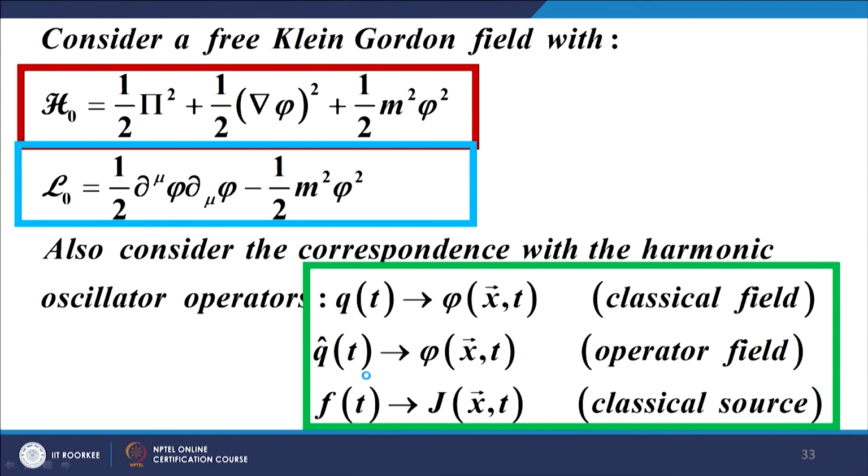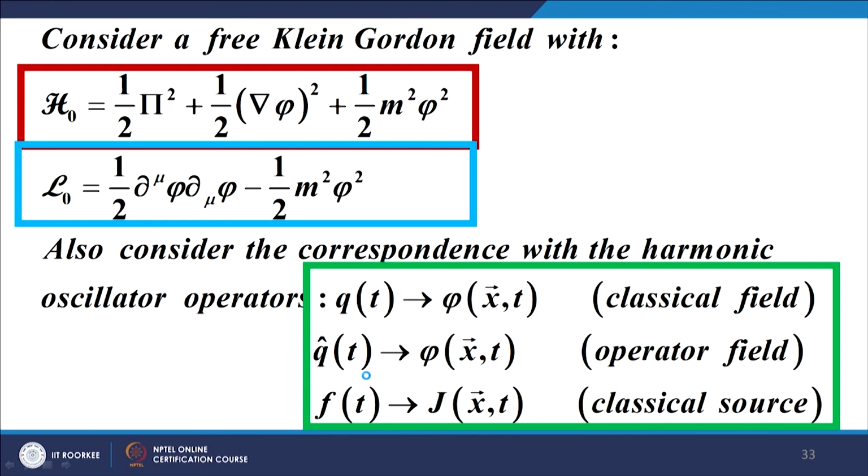The Klein-Gordon path integral. We are now talking about the free field. So, for the free field we have the Lagrangian, which is given in the blue box. We make the correspondence q t goes to phi x t. We make the correspondence with the harmonic oscillator problem, which we have done earlier. We replace the harmonic oscillator's coordinates with the field operators and the field coordinates as per the scheme that is given in the green box here. q t goes to phi t x.